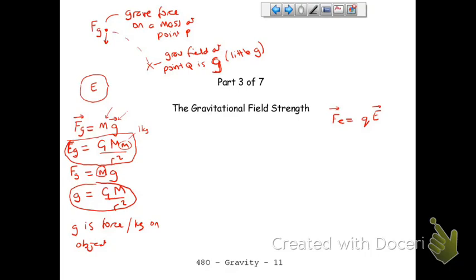And if you think about it, I get from the field to the force. How do I go from the field to the force? What do I do if you look at those two equations? I took big G, big M over r squared as the field, and what did I mathematically do to get the force? I don't do anything with big G, I don't do anything with big M, I don't do anything with r squared.